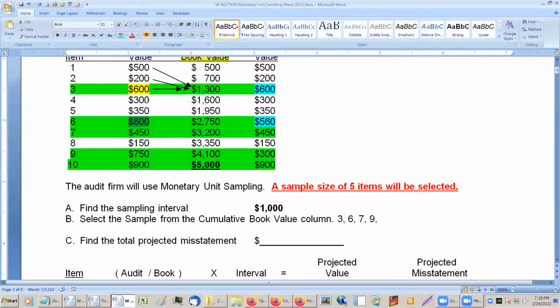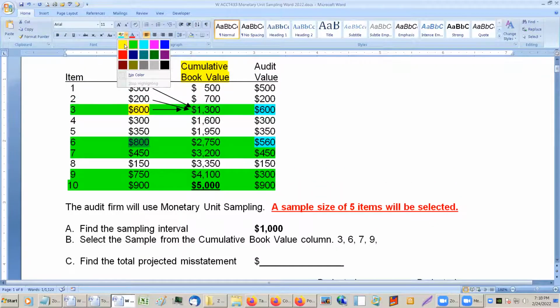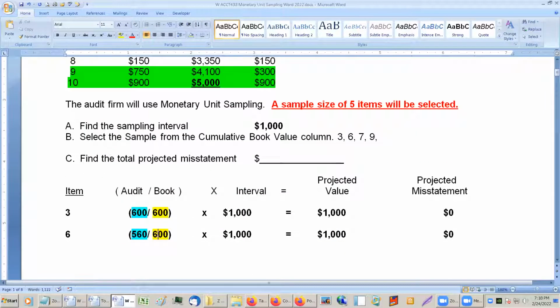The audit value is 560. The book value is 800. So 560 divided by 800 times 1,000, whatever that is.